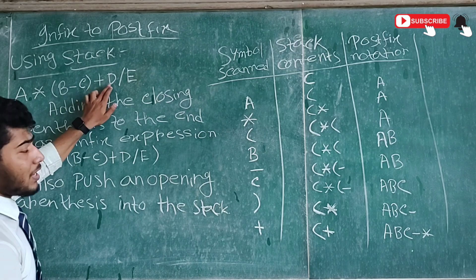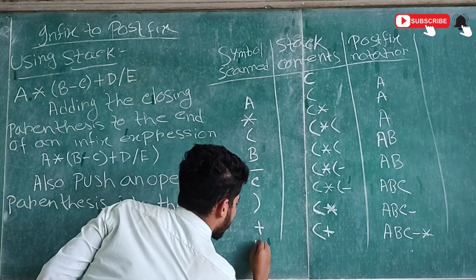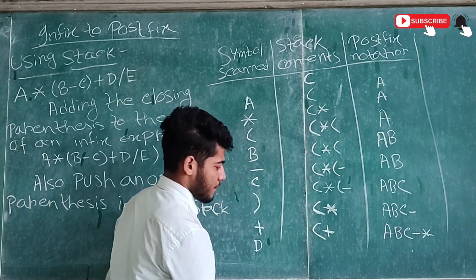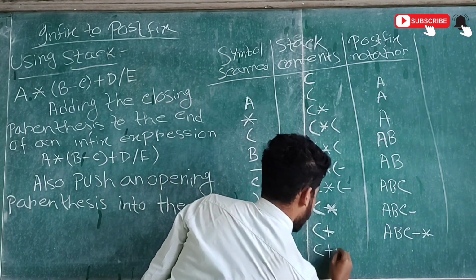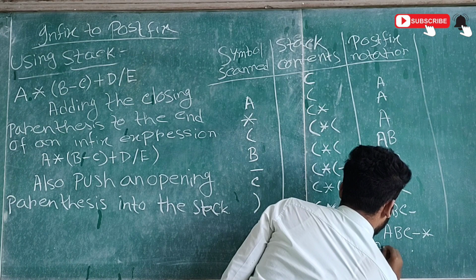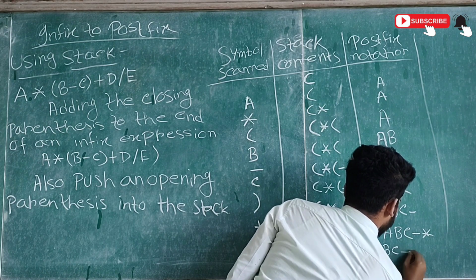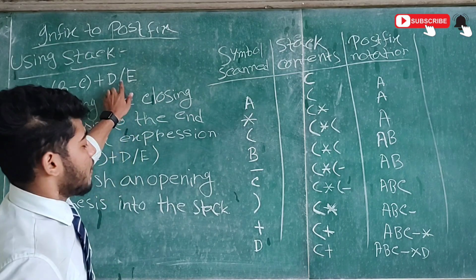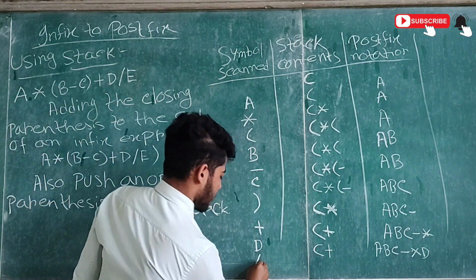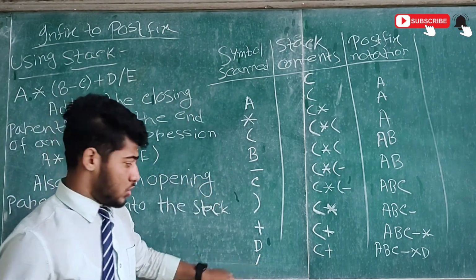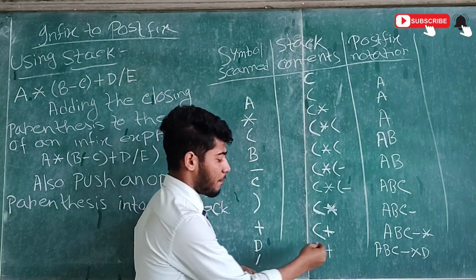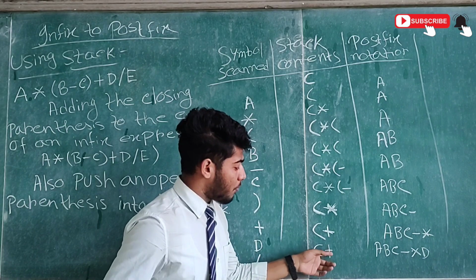Now the symbol is D. D is an operand, so directly add it to the postfix expression. Now the symbol is divide, which is an operator. If the symbol is an operator, check the precedence of the top operator from the stack.